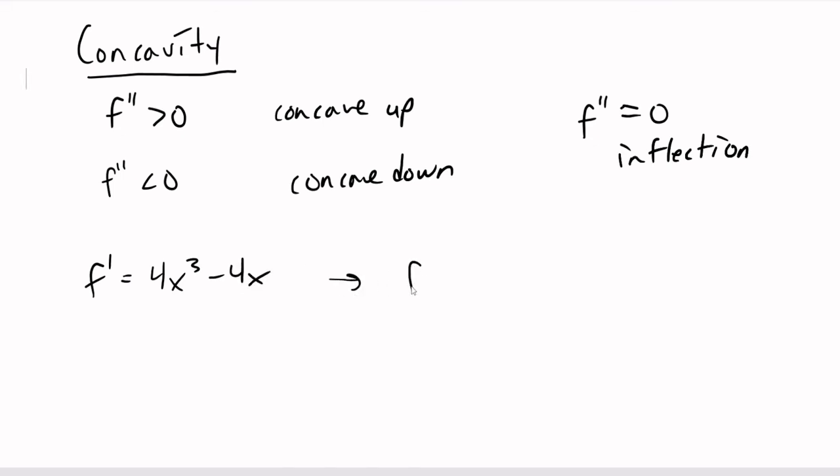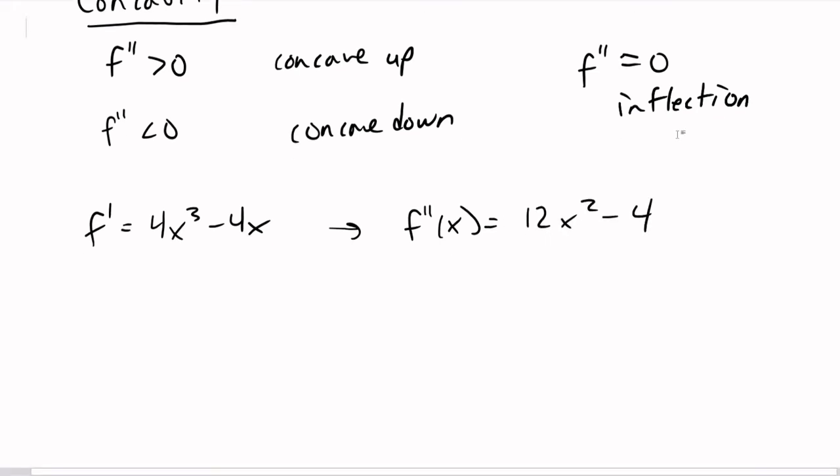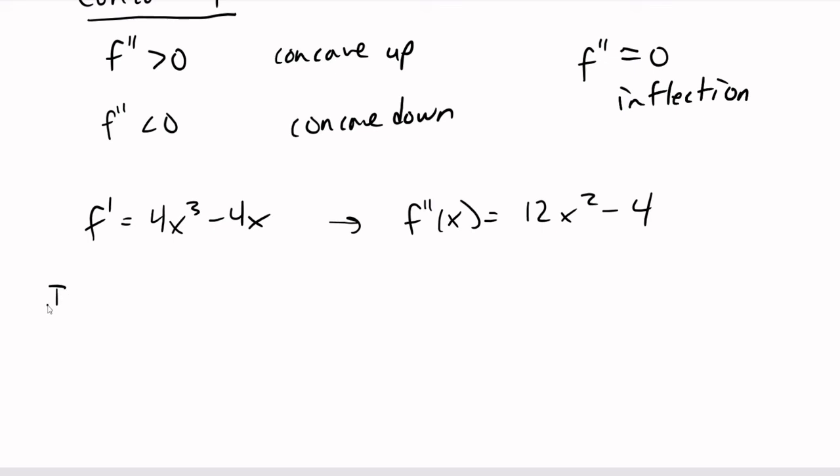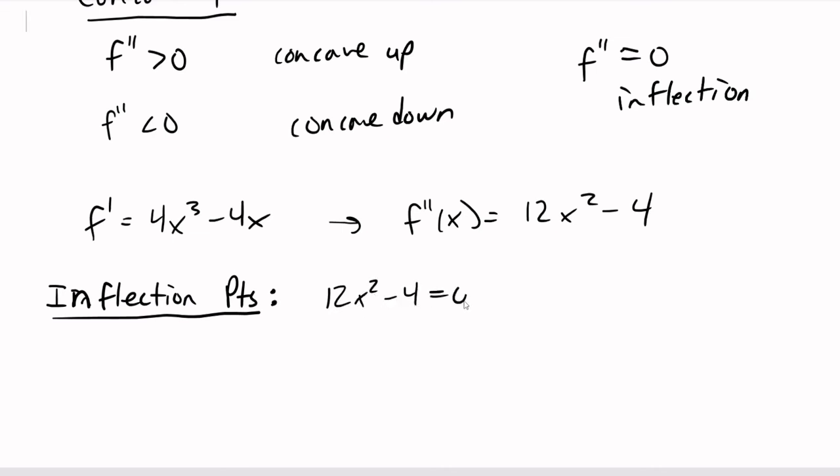So that tells me the second derivative is 12x squared minus 4. Now, find your inflection points. Inflection, double I. Inflection points. Okay, so that's 12x squared minus 4 equals 0. Again, we don't have to worry for a polynomial about does not exist.